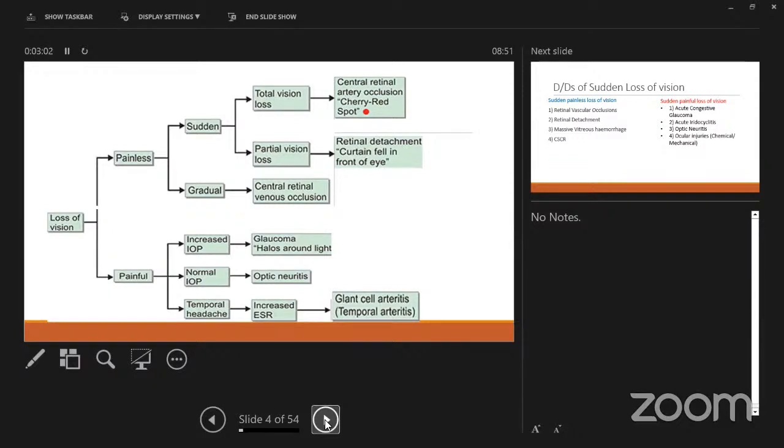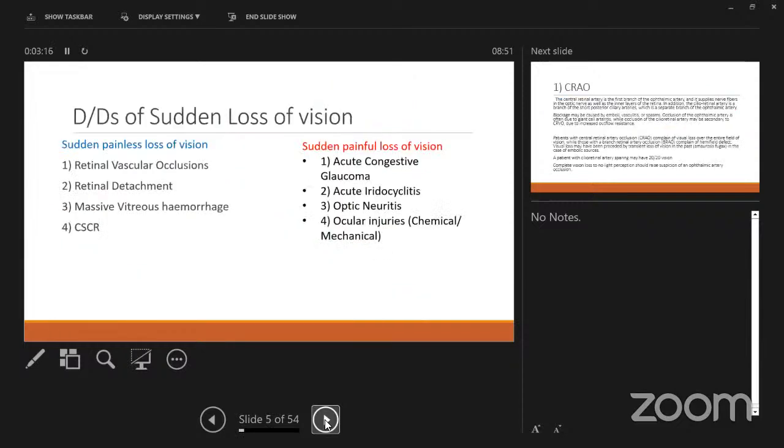Then in painful, if IOP is increased, then it can be glaucoma. If IOP is normal, it can be optic neuritis. And if it is painful, associated with temporal headache and increased ESR, the cause can be giant cell arteritis or temporal arteritis. So these are the DDs of sudden loss of vision, sudden painless and sudden painful, as I've mentioned.